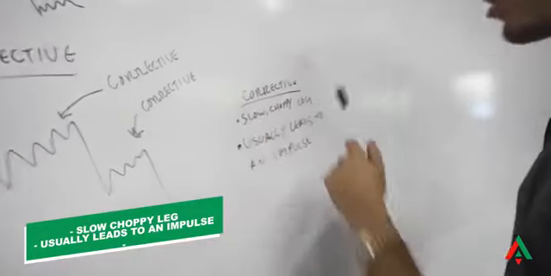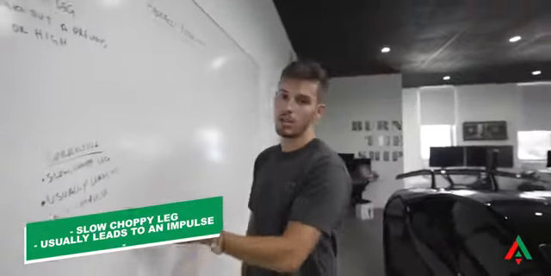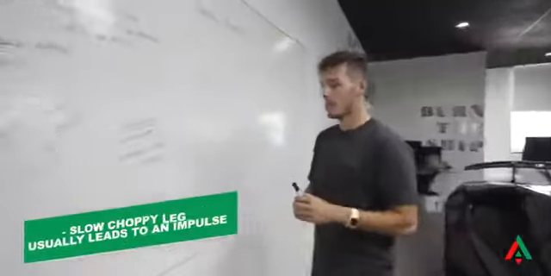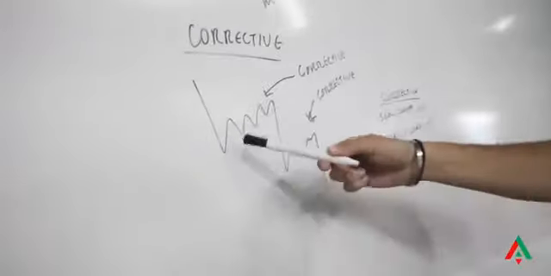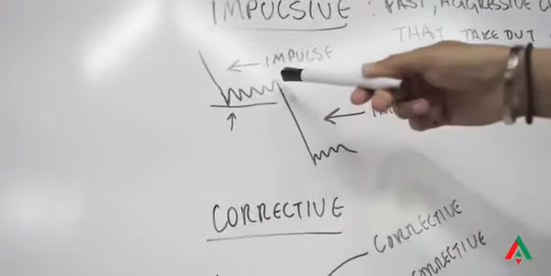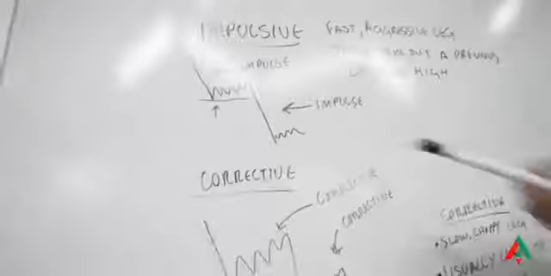Corrective legs are slow and choppy legs that usually lead to an impulse. Those are the two bullet points that I want you guys to write down. So corrective, choppy; impulsive, fast. Impulse, correction, impulse, correction.